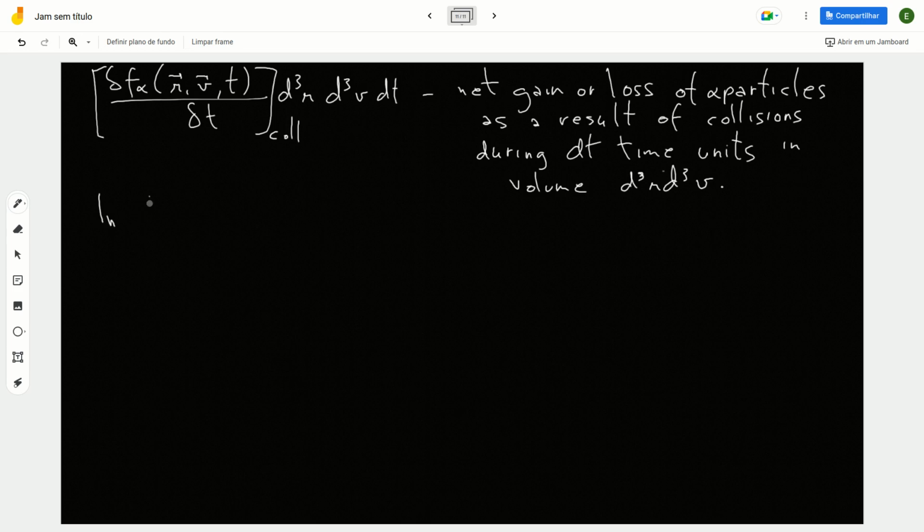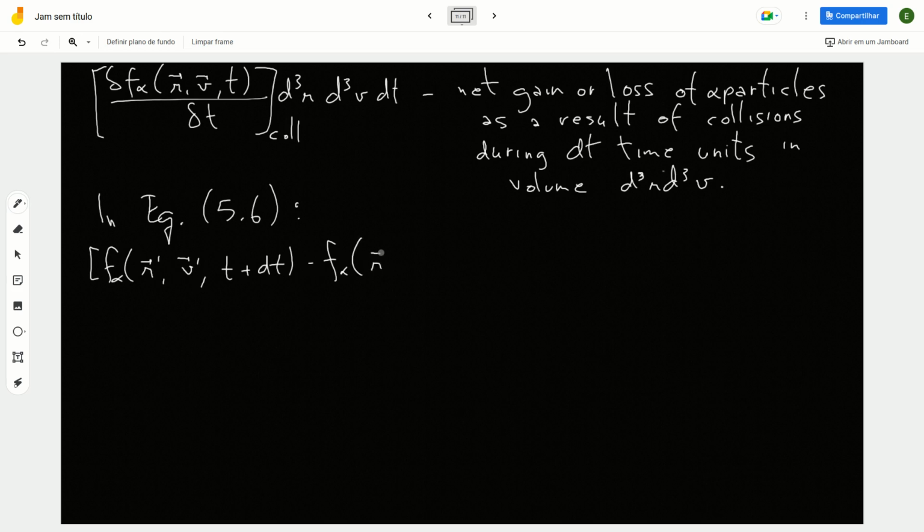In equation 5.6, now we have f alpha of r prime, v prime, t plus dt minus f of r, v, t, d3r d3v is equal to the collisional term.